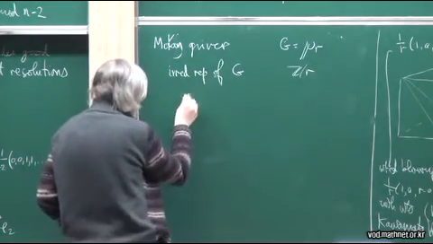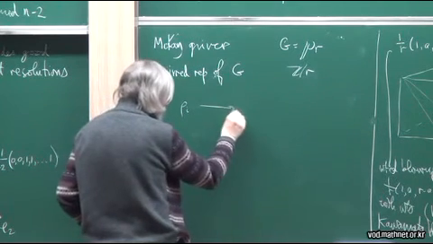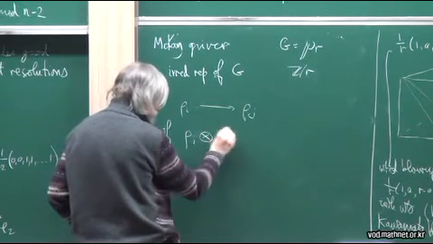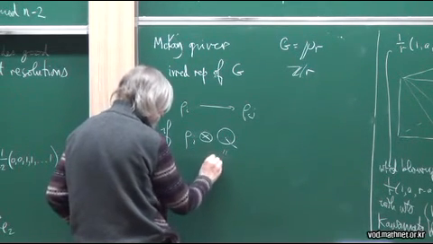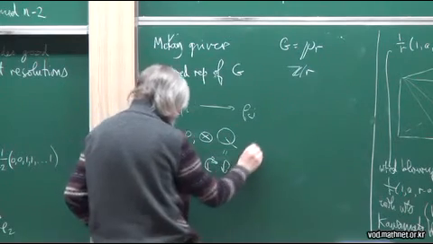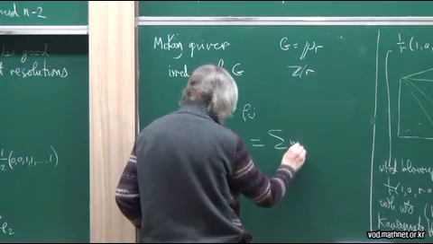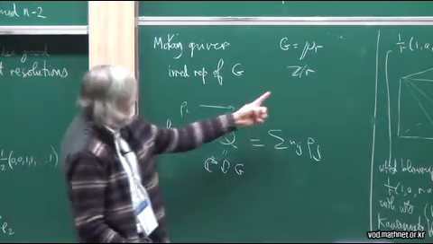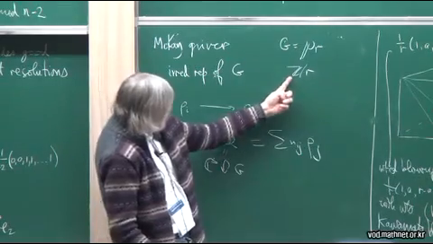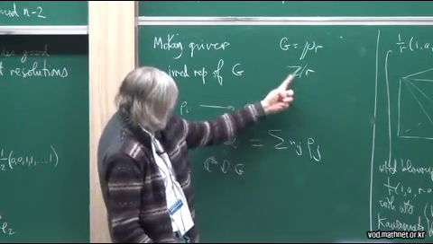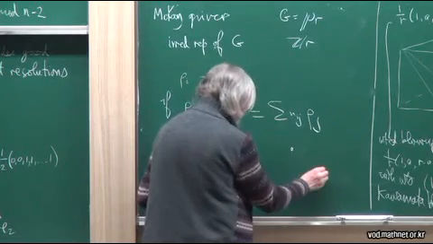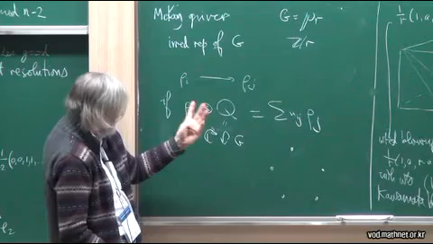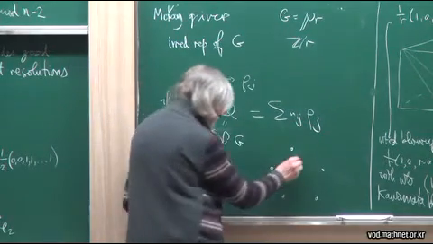Then I link these together: rho i is connected to rho j if rho i tensor the given representation Q, which is C3 with G acting on it, is some n_ij rho j. We know the dual group here, the group of characters of G, is this Z mod r, and so it's natural to write it as a polygon. And this Q here is the direct sum of three irreducible components, one of which is 1.